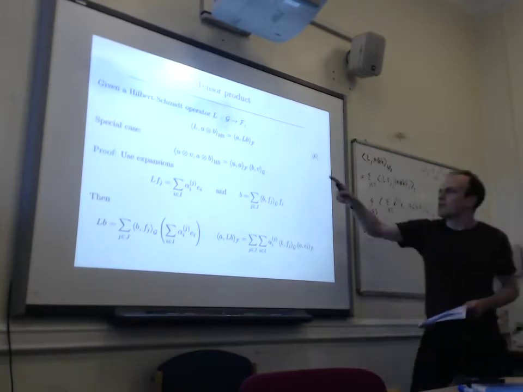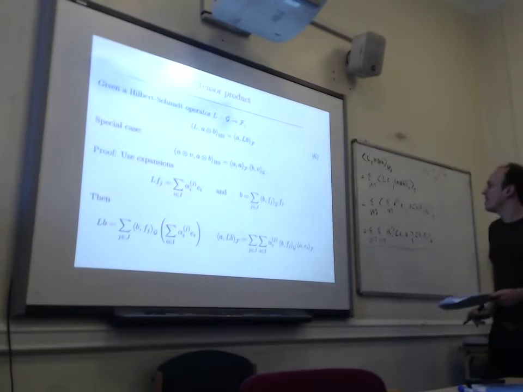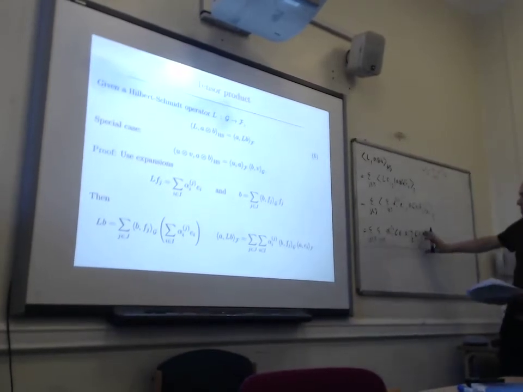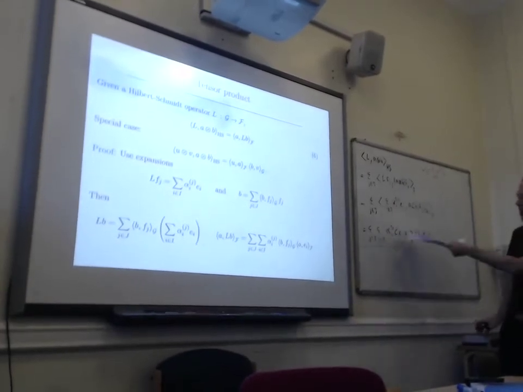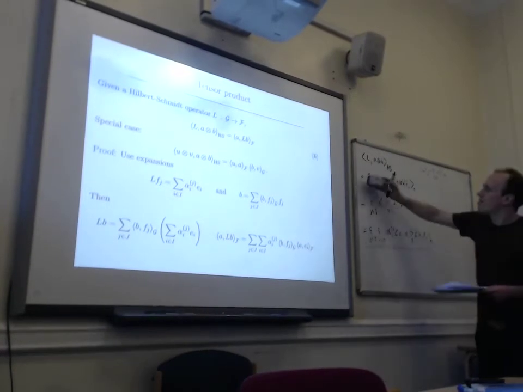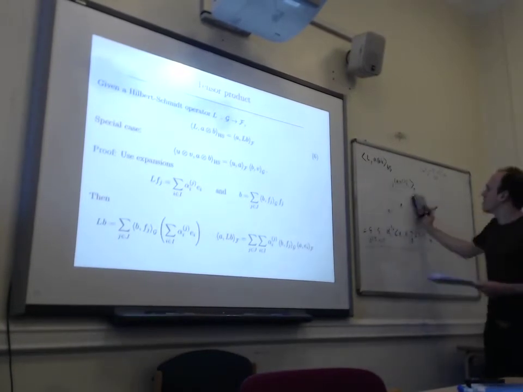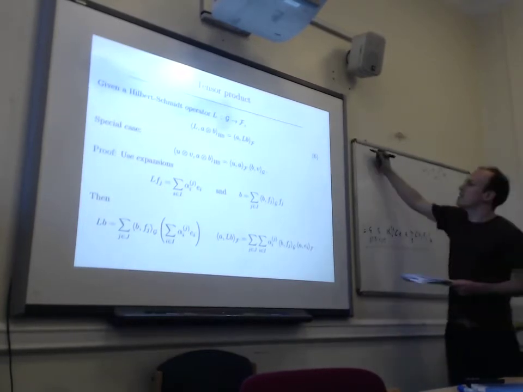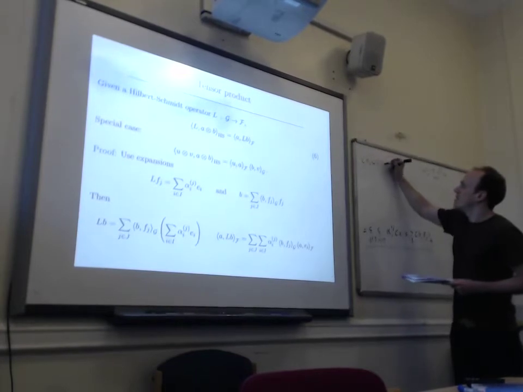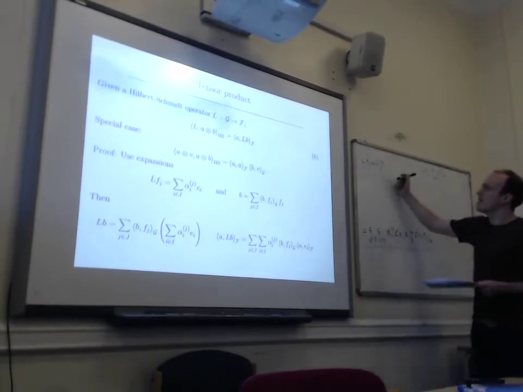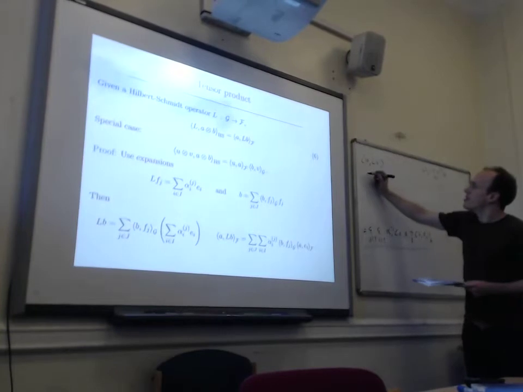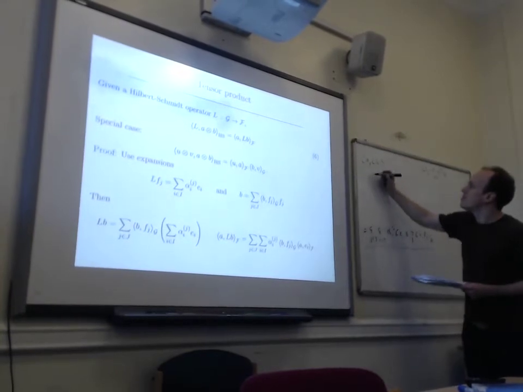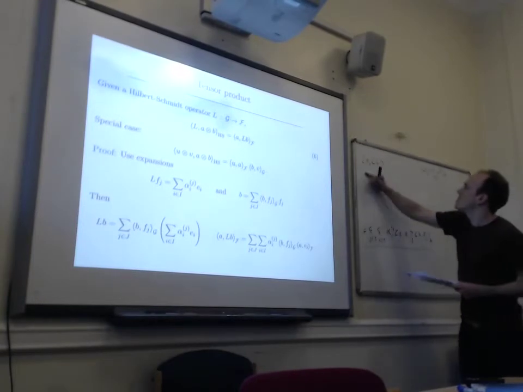Now let's see what happens when I write this one down. I'm going to keep the final point here, but I'm going to erase all of the stuff above it. So what happens when I now write the inner product of A and LB?